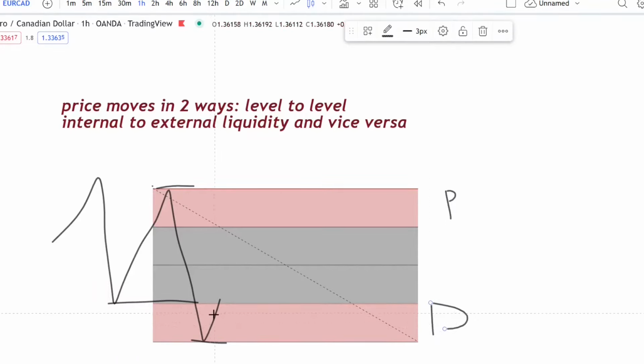In this case, you already own the shirt. Remember, fair price is 500, premium is 1,000, and discount is 250. Once price comes back into the range, let's say it comes back here, you can sell this shirt for 250 and take a loss, because it depends.